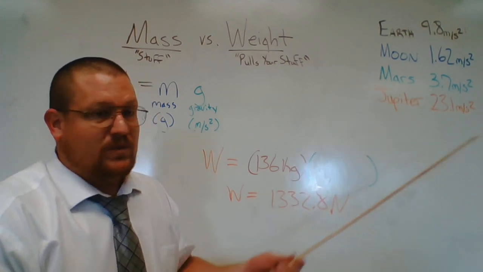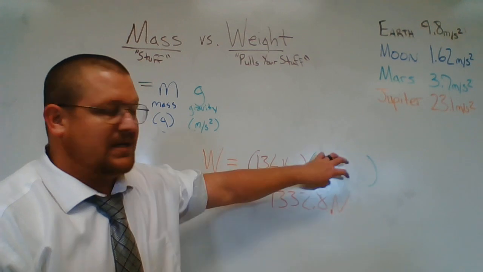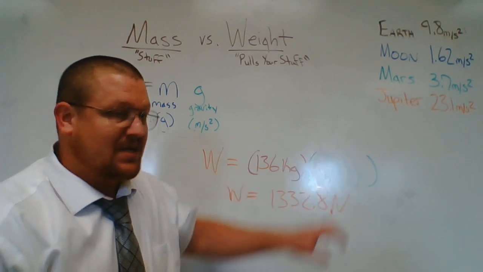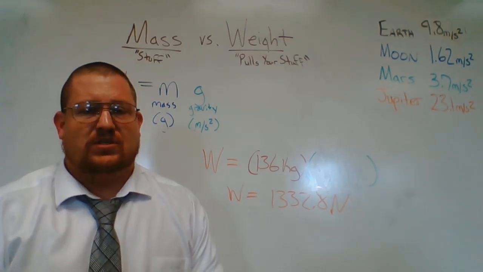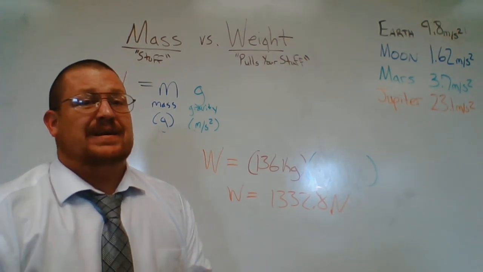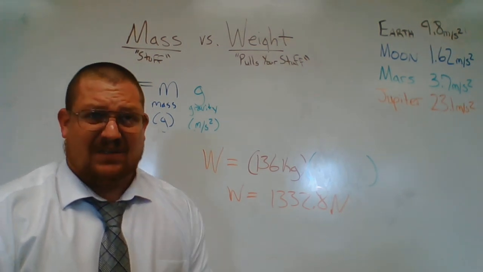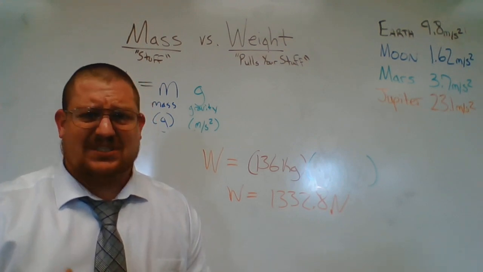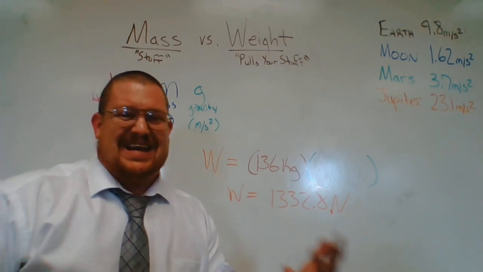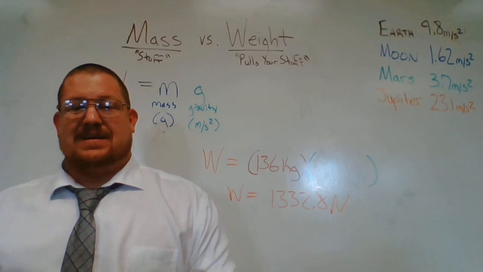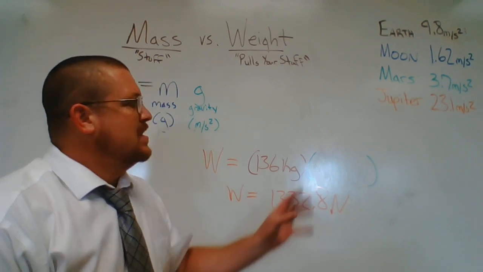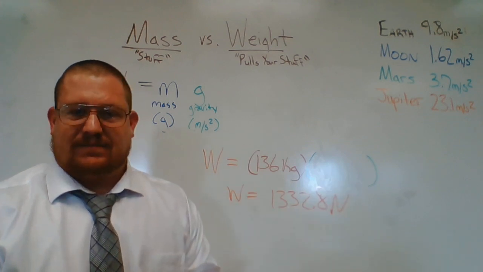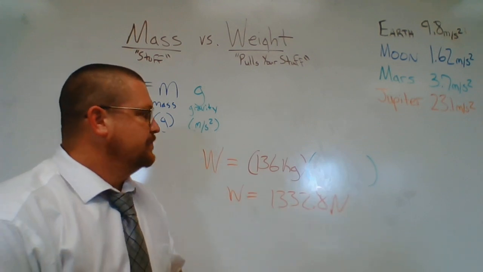If we're on Mars, we would use 3.7 meters per second squared because that's the acceleration of gravity from Mars. Jupiter, 23.1, and so forth and so on. Depending on what planet you're talking about, there are different gravities. On Earth they don't vary a whole lot. You might have 9.7 in one spot, maybe 9.89, 9.84 in different parts of the Earth. So you can change this up based off of a table or data.